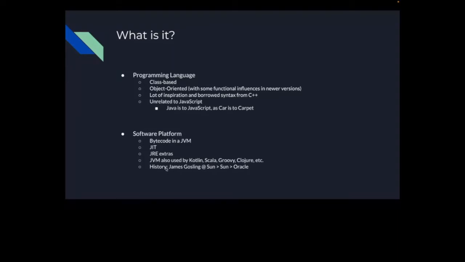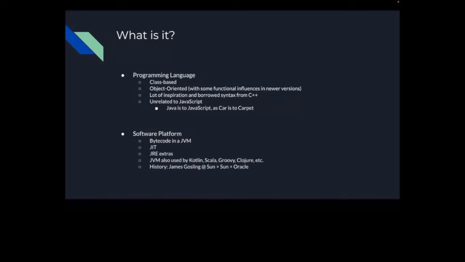And this software platform and the programming language was originally developed by a guy called James Gosling at a company called Sun Microsystems. And then it kind of got taken over by Sun, and James Gosling was obviously part of the team at Sun Microsystems that developed Java into much more of a fully fledged language and software platform.